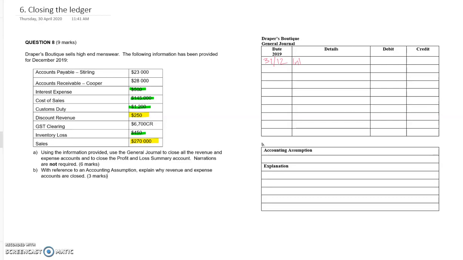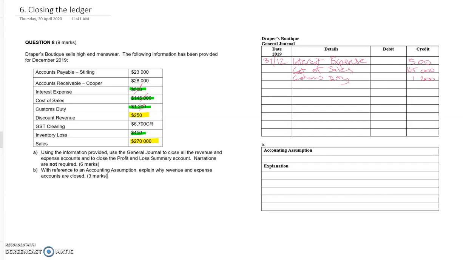So interest expense. Currently it's 500 debit, so to close it, 500 credit. Cost of sales will have to be 145,000 credit. So we've done that one, we've done that one. Customs duty, we will credit that for 1,200.